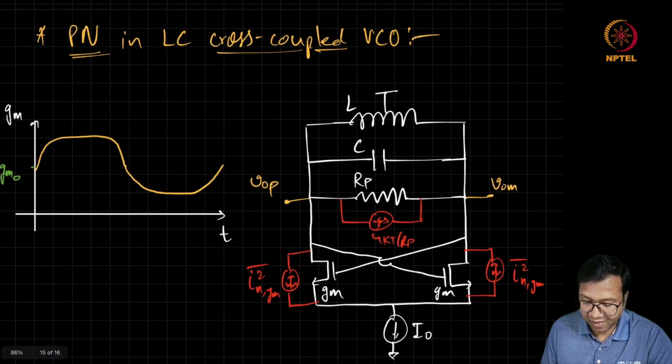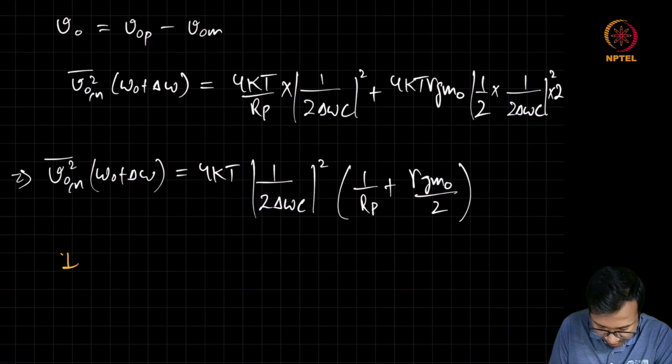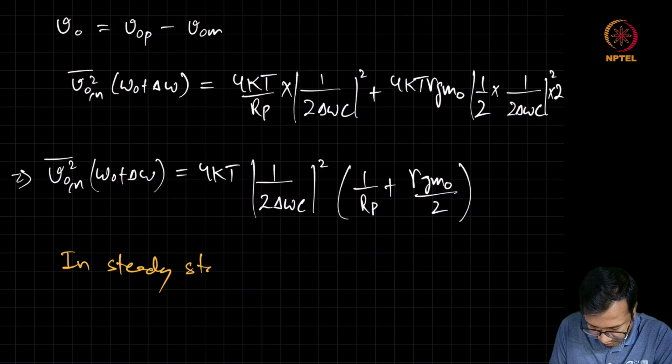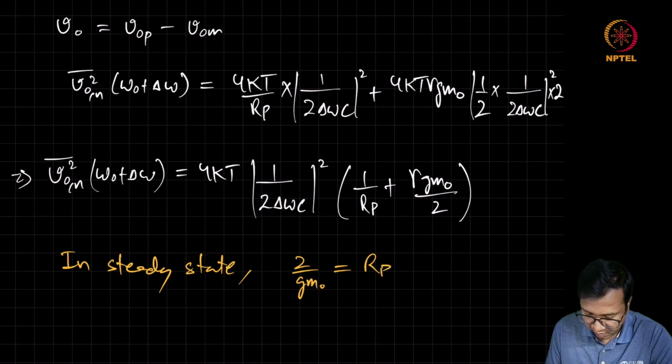So that was the analysis we have already done earlier. So by this minus 2 by GM was equal to this negative resistance, which has to completely compensate this effective parallel resistance RP. We know that in steady state, 2 by GM0 is equal to RP.